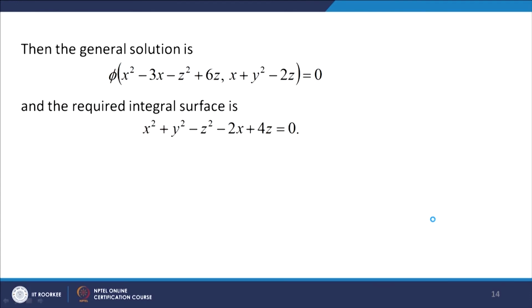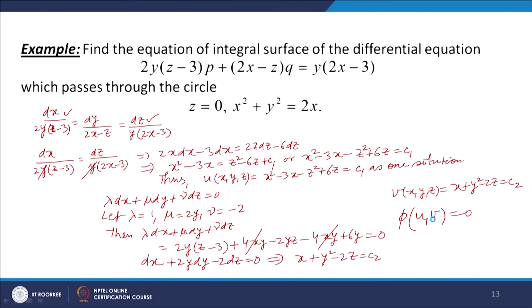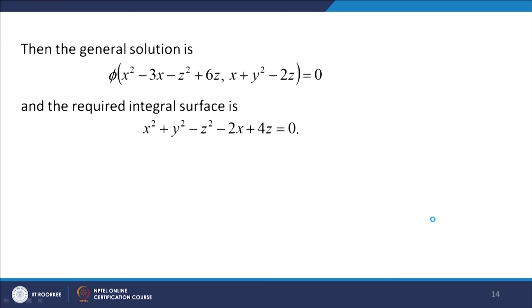Now, let us find the integral surface which passes through the circle z equal to 0, x square plus y square equal to 2x. So, the circle is given by x square plus y square equal to 2x, z equal to 0. And this equation can be written as x minus 1 whole square plus y square equal to 1, z equal to 0.